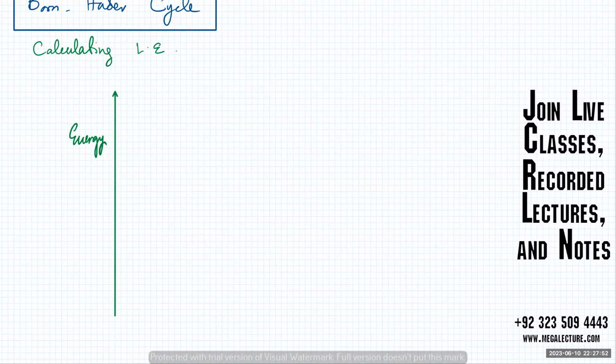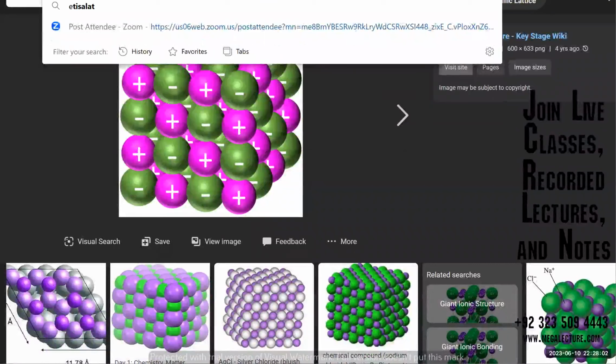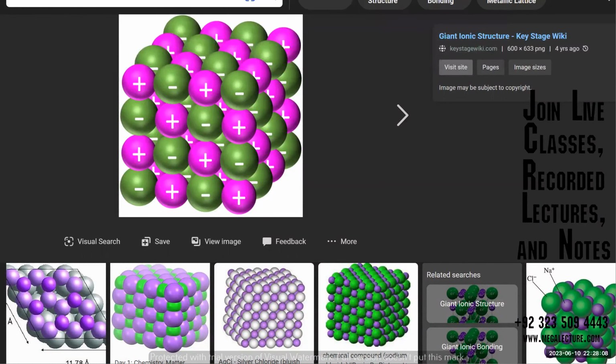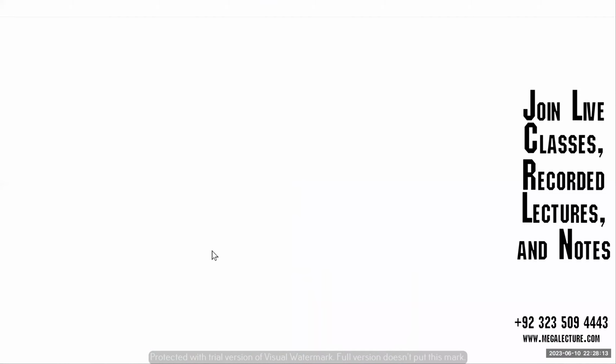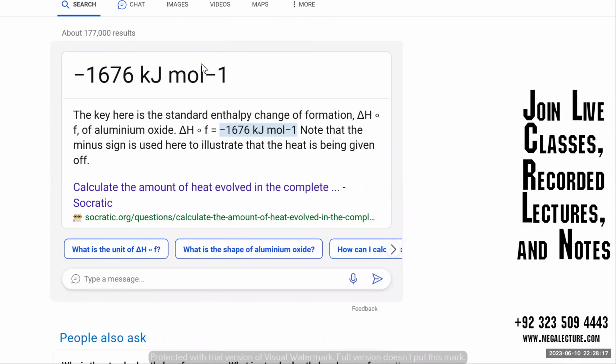So you're going to start off with enthalpy change of formation. I don't actually know what the enthalpy change of formation of aluminum oxide is. Just one second, if I can get a value. So that's fairly exothermic. Enthalpy of formation of aluminum oxide.